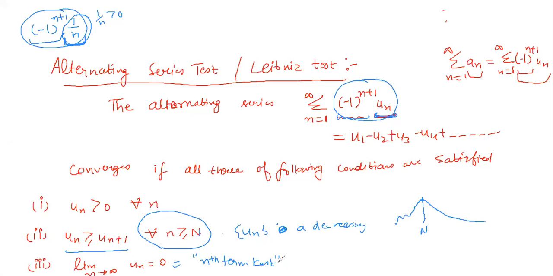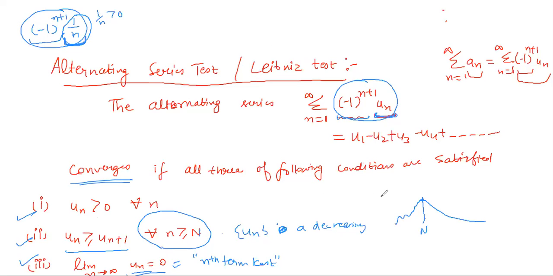And what is the statement of that test? That if a series is convergent, then its nth limit has to be 0. So that's why the limit of un as n tends to infinity has to be 0. So the questions will be like, you will be verifying all these three conditions, and if all the three conditions are satisfied, we will write that this alternating series is convergent.